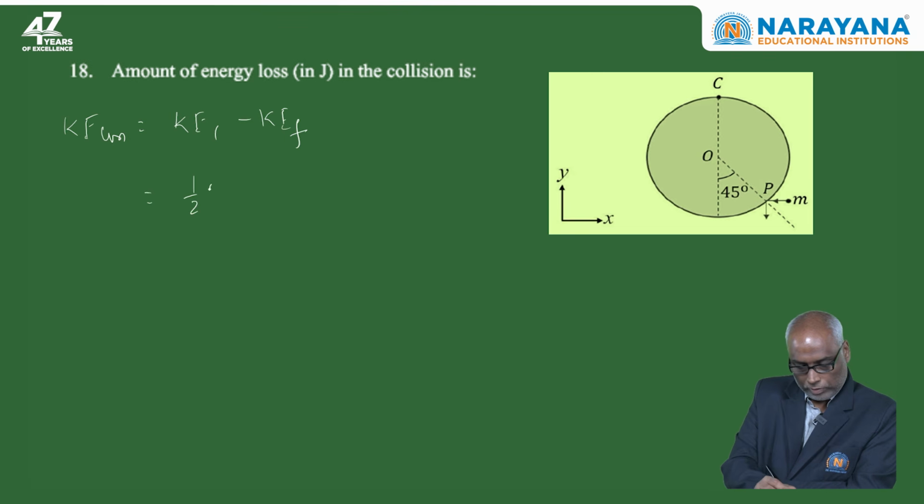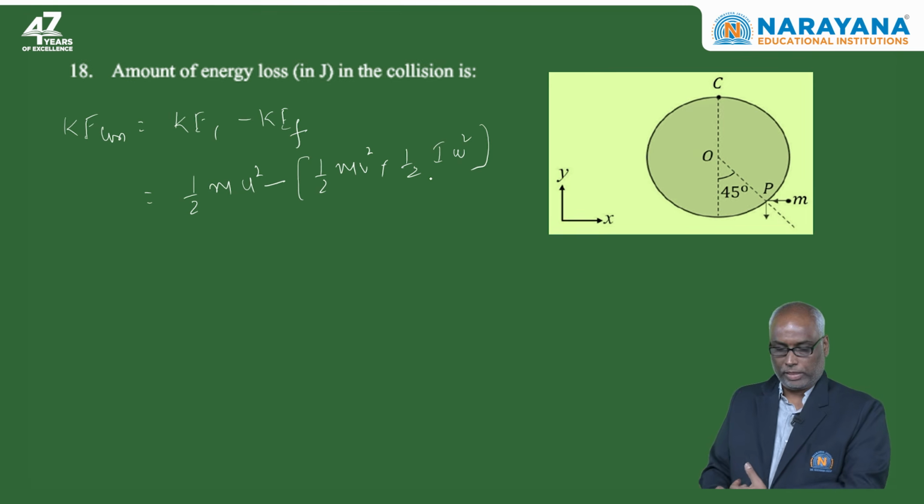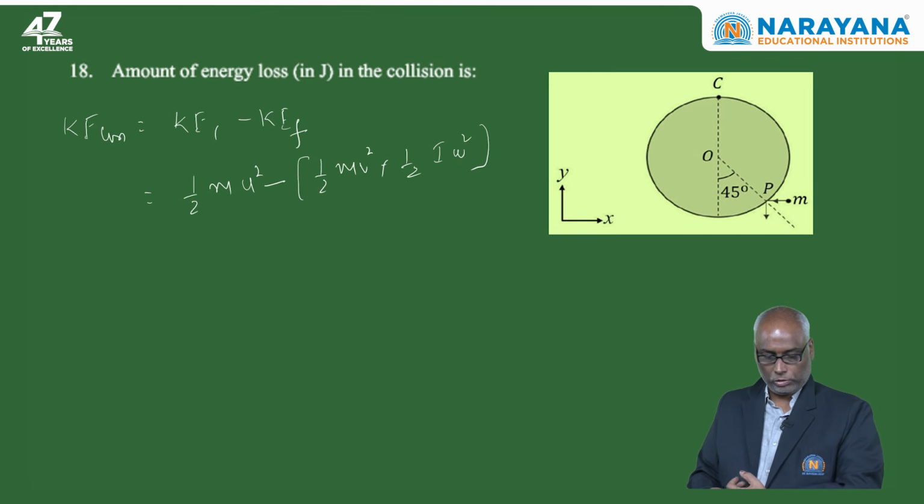Initially only the particle was moving, ½mu², minus the final energy, which is nothing but ½mv² plus ½Iω². Half Iω² is the rotational kinetic energy just after collision.